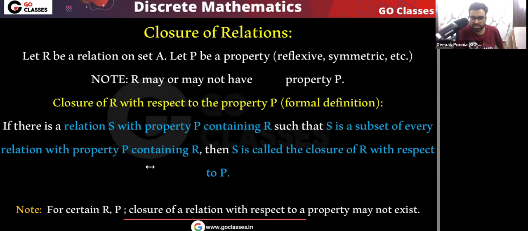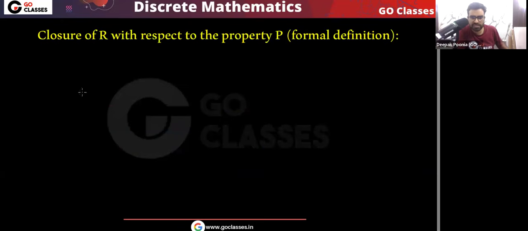I think you did not understand, so let me make a diagram to explain this. What is the formal definition of the closure of R with respect to property P? It's like this: you have this relation R. Notice, if this relation R already satisfies property P, then R will be the closure of itself, that we already know.